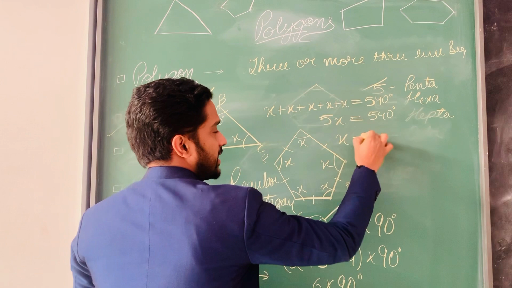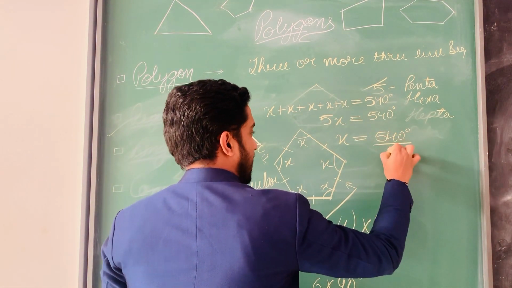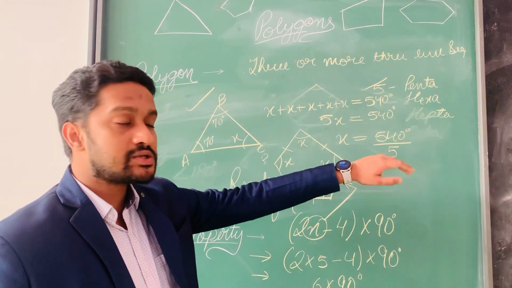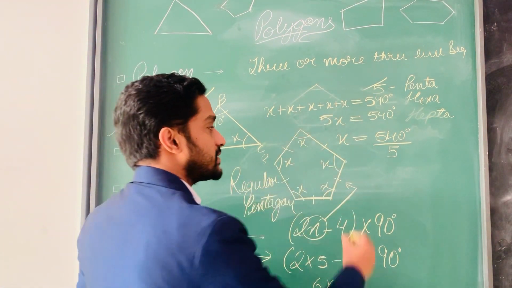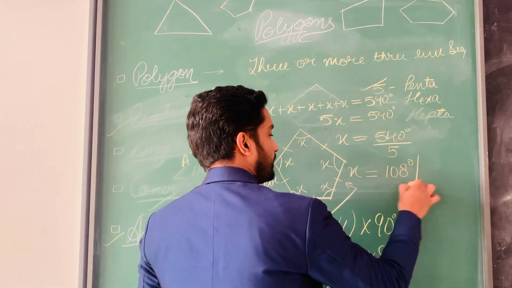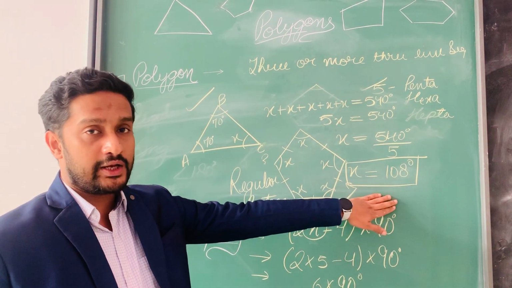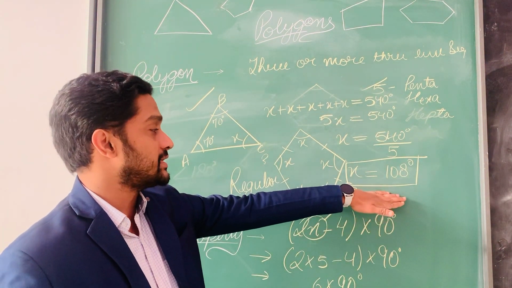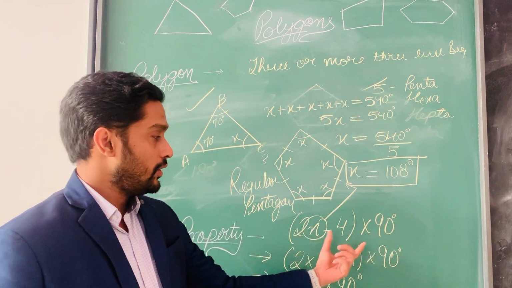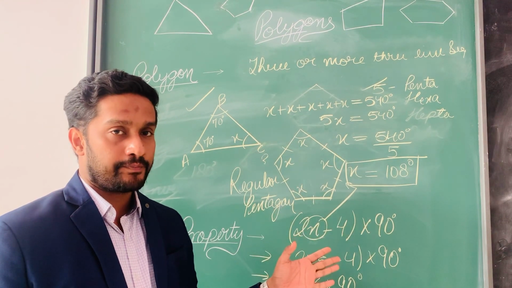Find the value of x. 540 divided by 5, as 5 is multiplied with x, so if you move it to the RHS it will come in division. So x equals 108. Each angle of a pentagon is 108 degrees. And how did we find this? By using the formula (2n minus 4) into 90. From here you will get the sum of all angles of any polygon.